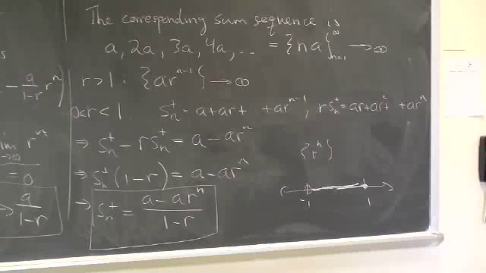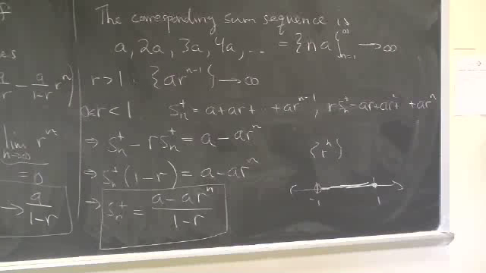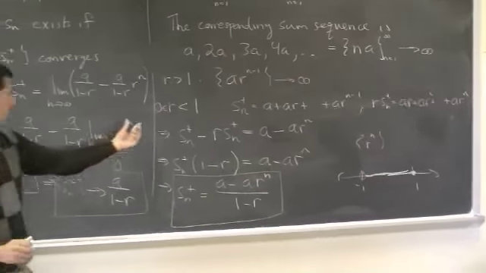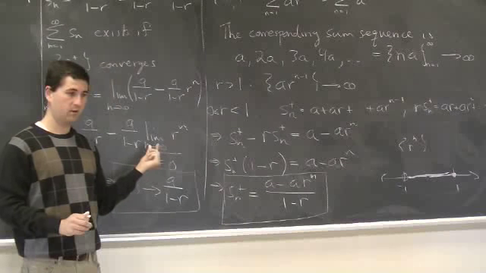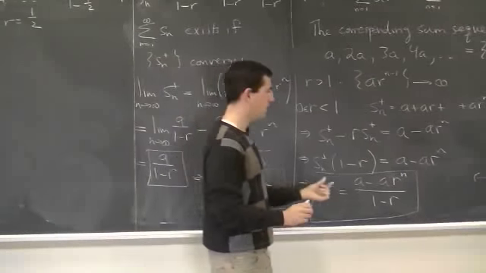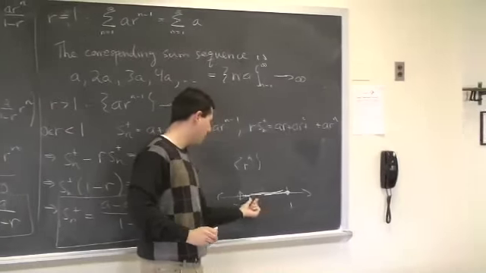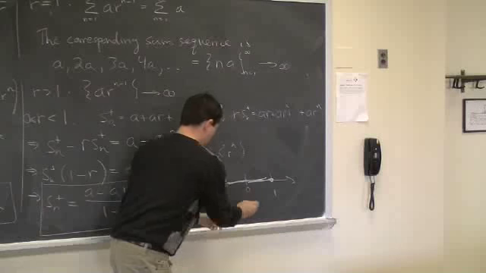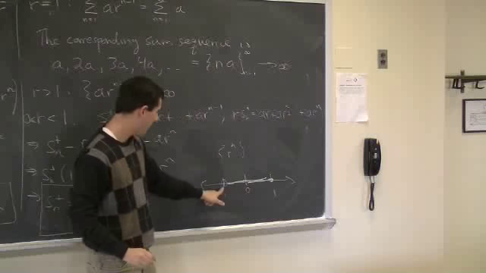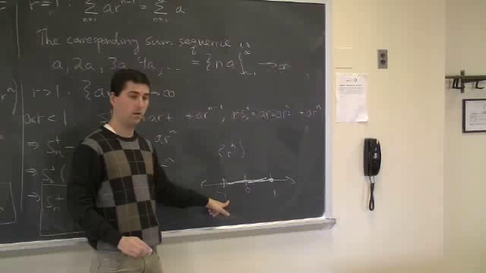Now, if you look at our argument, the only thing we used about r was that r to the n converged. And we happen to know that r to the n also converges between 0 and minus 1. Not at minus 1, but between 0 and minus 1.